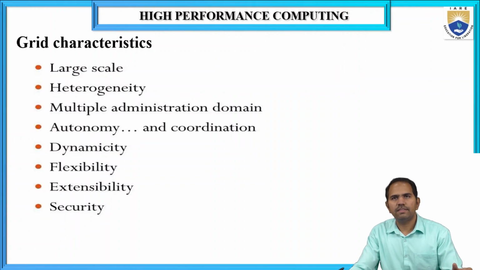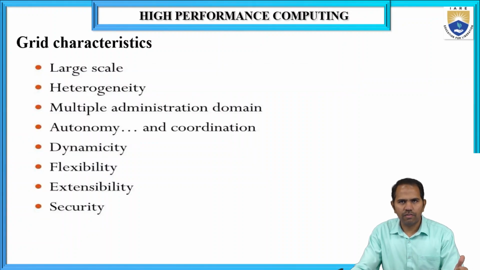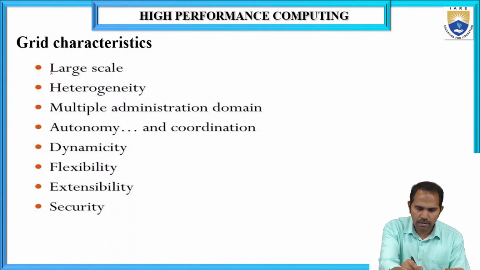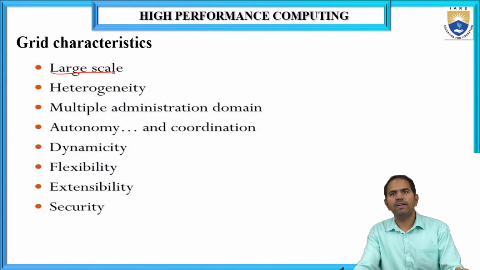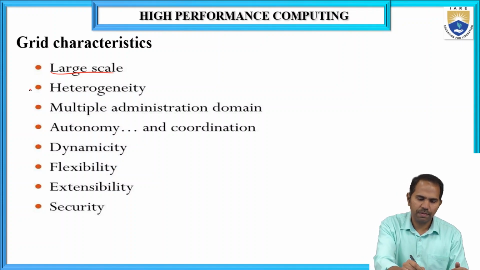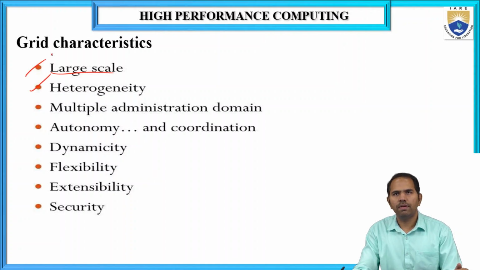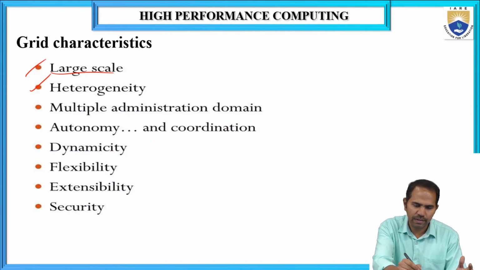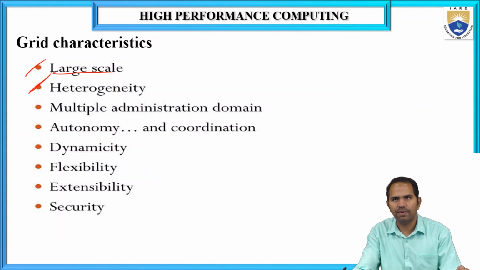Grid characteristics. What characteristics does the grid have? First, it is large scale, and heterogeneity. Hetero means different, homo means same, so heterogeneity means it has different things that have to be considered.